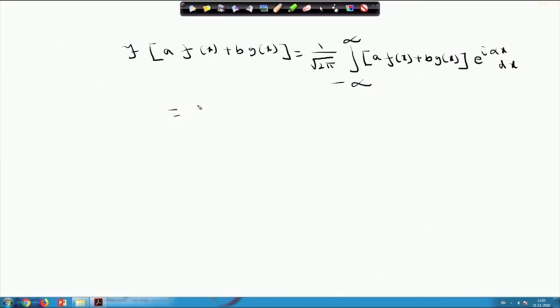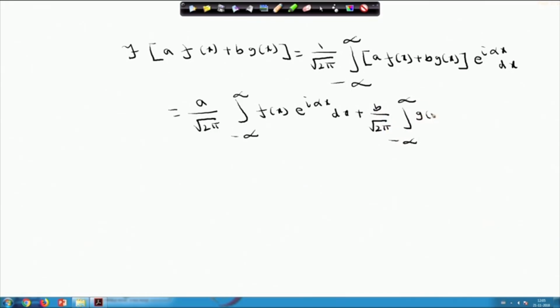Now, I can break it into two integrals. This is easy: a by root 2 pi, integral from minus infinity to infinity of f x into e power I alpha x dx, plus, b will come outside, b by root 2 pi, integral from minus infinity to infinity of g x into e power I alpha x dx.